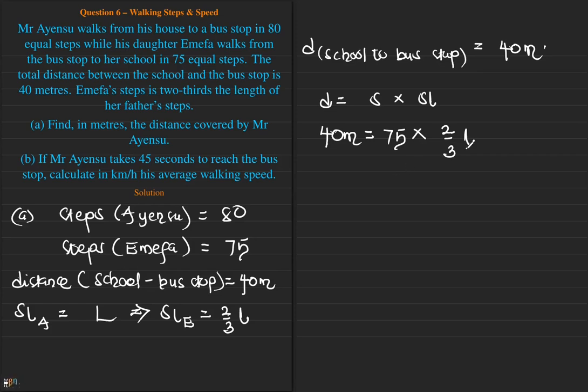Easy. So we know what this L represents. We then solve and make it the subject. And that is going to be the distance covered by Mr. Ayensu, and that is going to be Mr. Ayensu's step length. So let's solve and then see. We want this L. Rewriting what we have here, it becomes 40 equals 75 times 2/3.